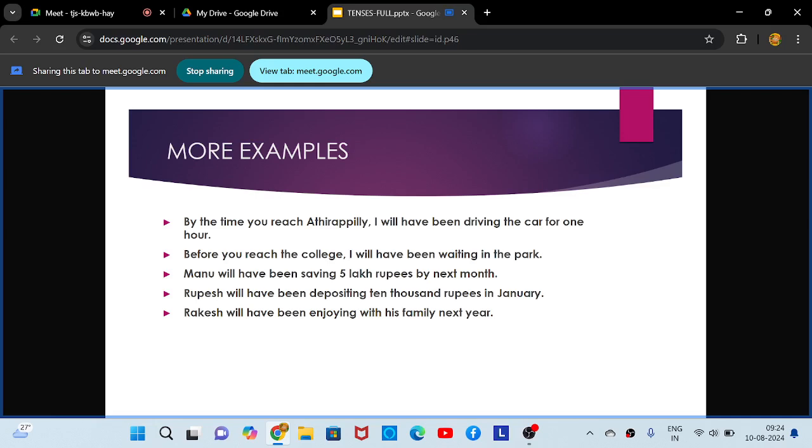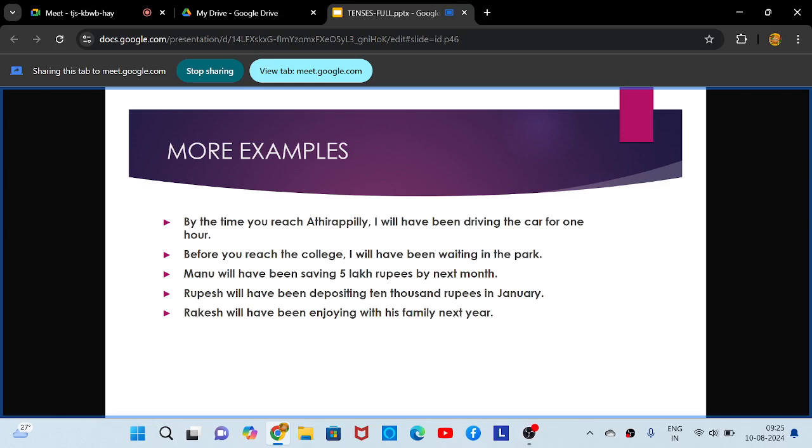Two actions means sometimes it shows two actions, one in the past and one in the future as well. Here, by the time you reach Adirapalli Falls, reaching is one action, driving is another action. Second is before you reach the college, I will have been waiting in the park. So reaching the college is one action that is expected to happen.